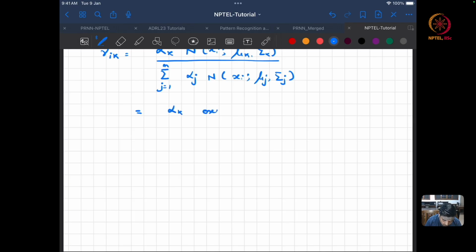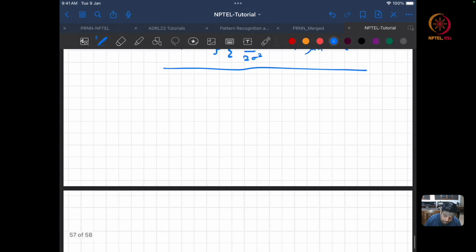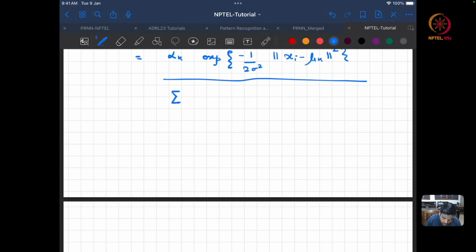This is the same as alpha k times exp of minus 1 over 2 sigma square, the second norm of xi with respect to the kth component, divided by the summation j equals 1 to m of alpha j exp of minus 1 over 2 sigma square, xi minus mu j whole square.